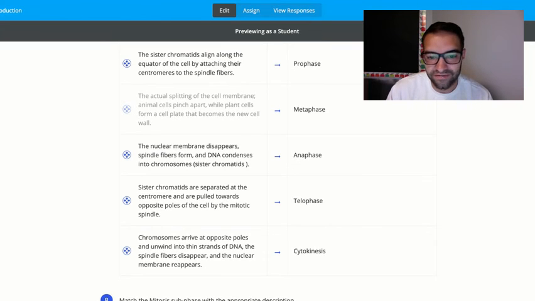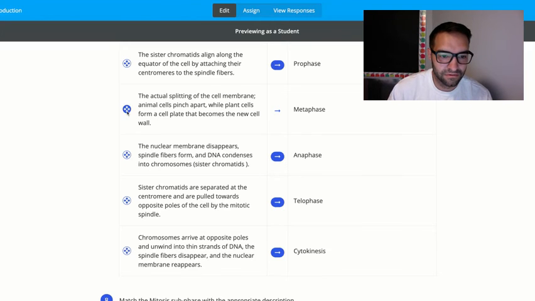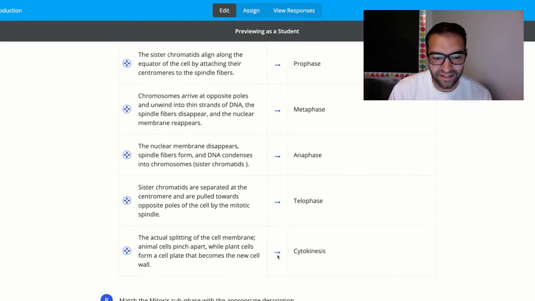The actual splitting of a cell membrane, when the animal cells cinch apart. I kind of already said that was cytokinesis, right? And so that is the one I would make sure is here. Maybe it's better if you click it.